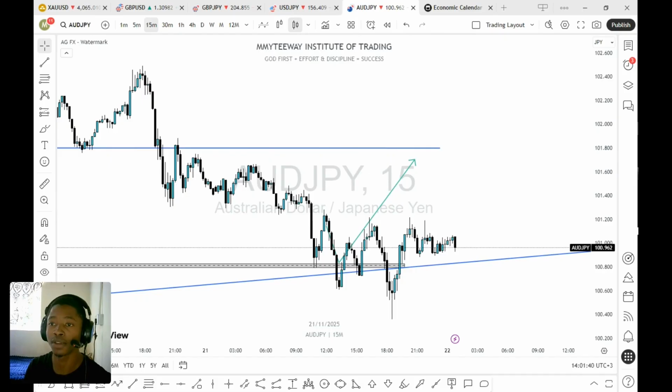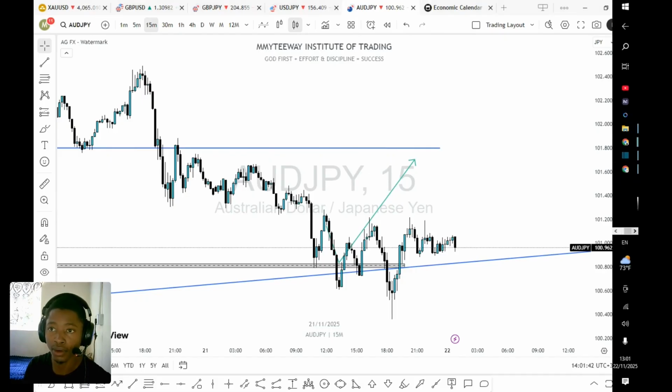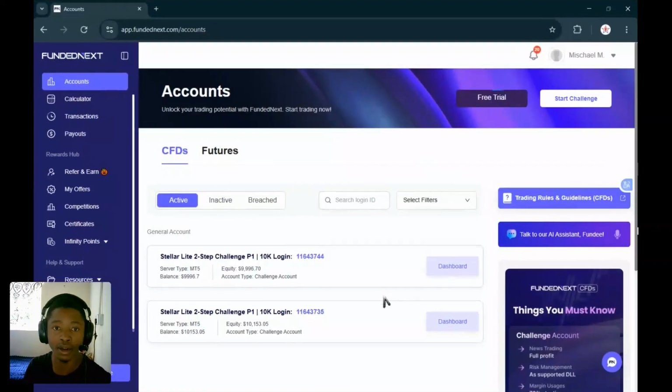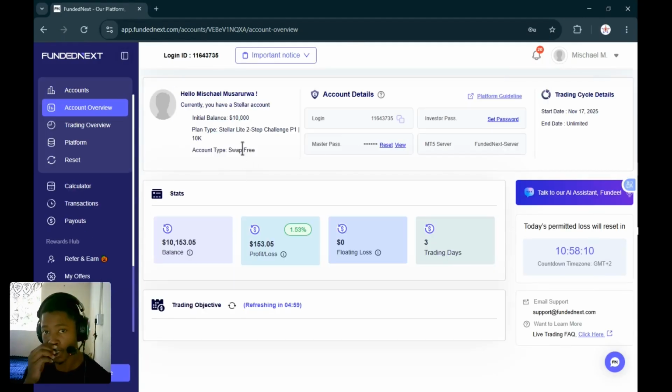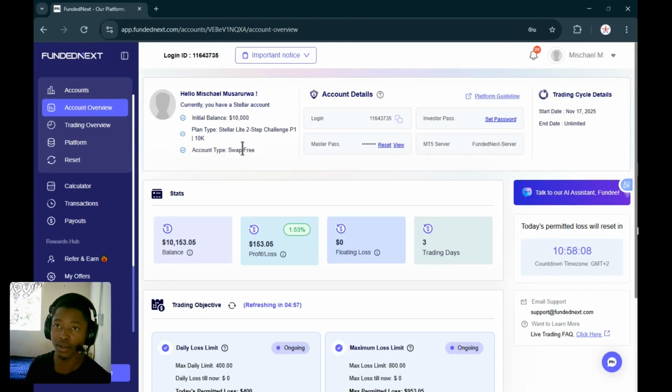If we look at my FundedNext dashboard, you can see that I only risk 0.5% of the account. My account is a 10k account, 0.5% is 50 bucks. So if I want 1 to 2 risk to reward, I get 100 bucks.